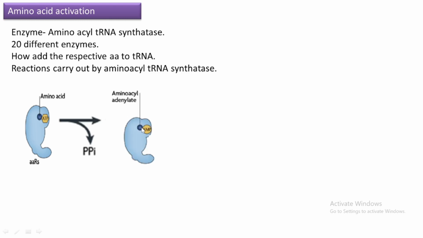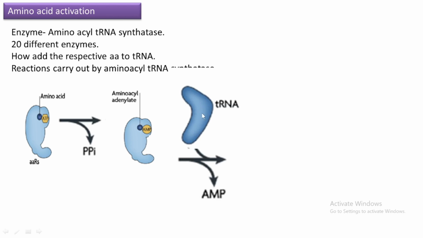And then that amino acid is in adenylated form. We can call it aminoacyl adenylate, bound to the enzyme. Okay. Then what happens next? Now this amino acid is activated, or energized. Then comes the tRNA.